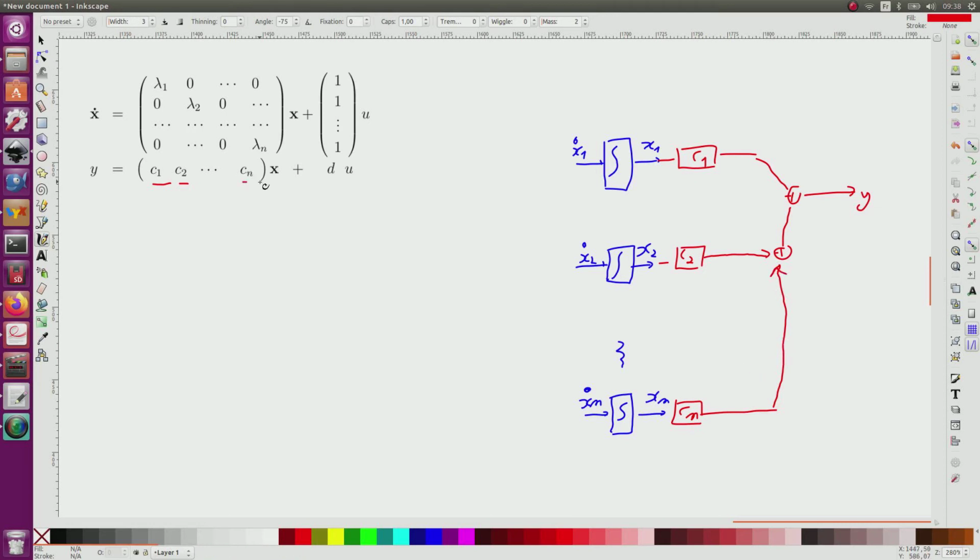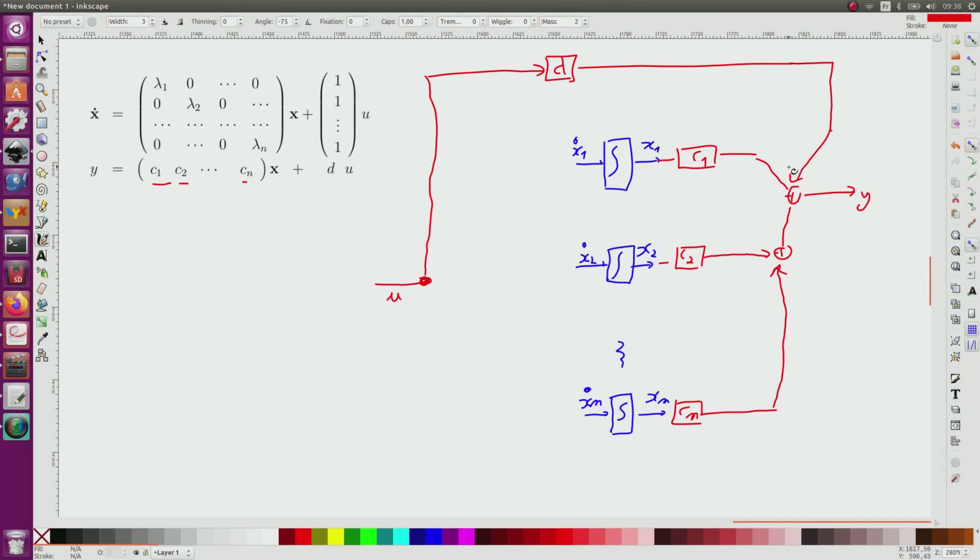Now I have also a direct term coming from u, so I will draw u here, and I have several elements, and one of them will correspond to D and will go to the adder.